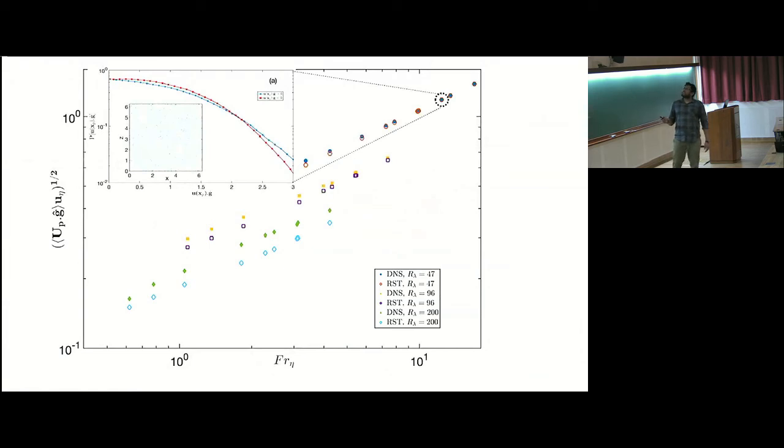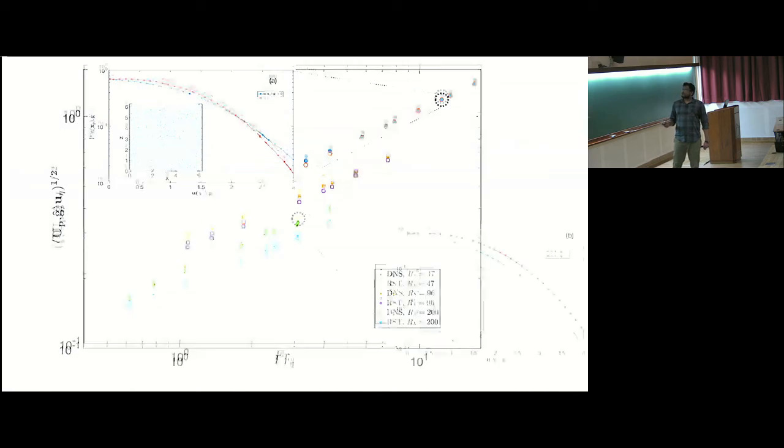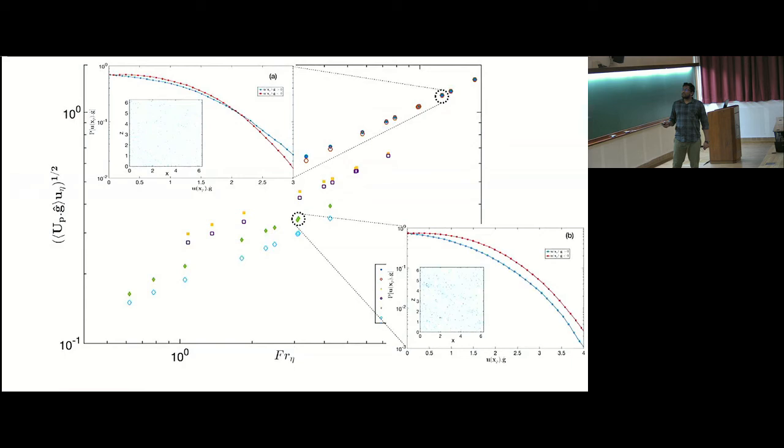If, for a high Froude number case, I plot the concentration field of the particles, we can see that it is fairly homogeneous. For a low Froude number case, the concentration field is not homogeneous.